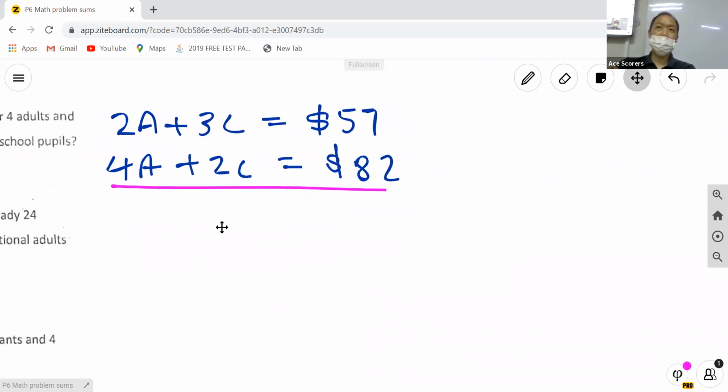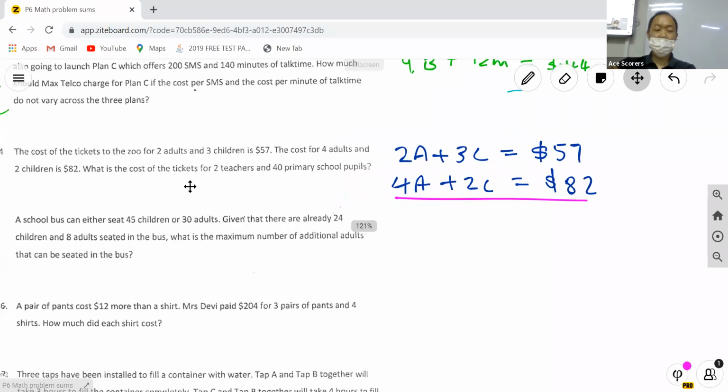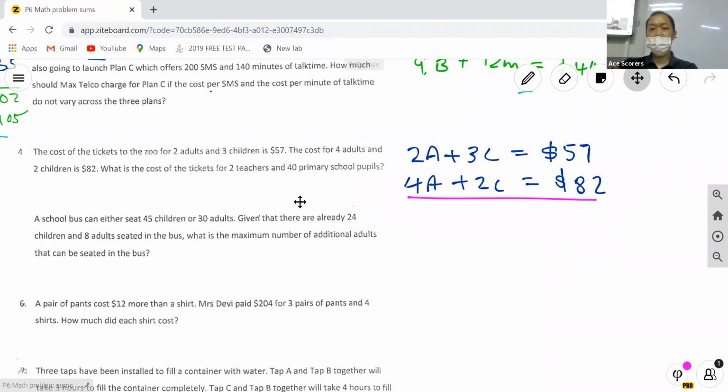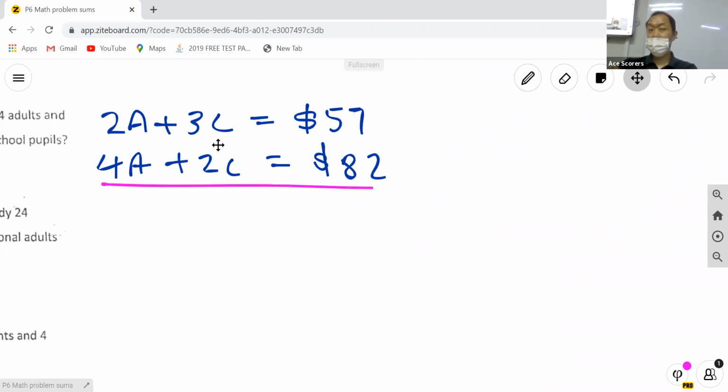Princeton, what do you do next? Cost for 2 teachers and 40 pupils. Princeton, what's the next step? I've written out this thing, right? What am I supposed to do? Make what? Make the same.